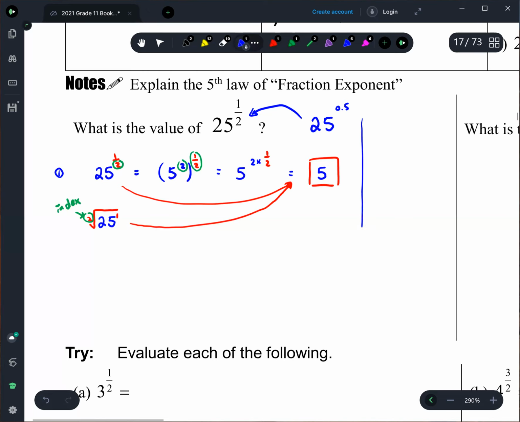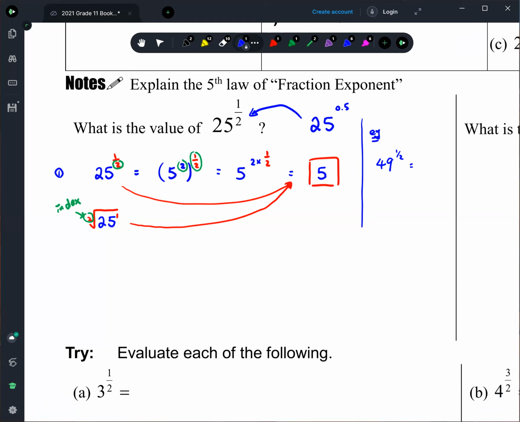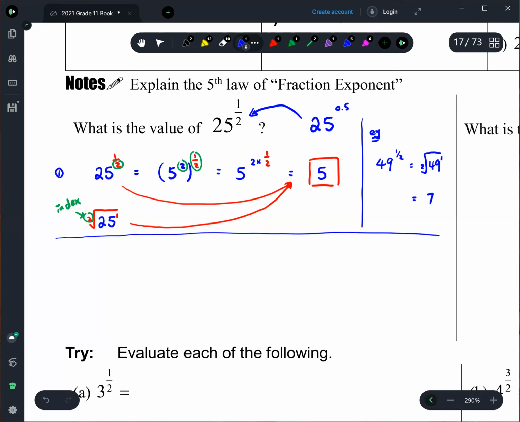Okay, so for example, if next time you see 49 to the half, then you can rewrite it as a square root, okay, the square root of 49 to the 1, which is 7. Okay, so that's for this one. You can draw a line across.